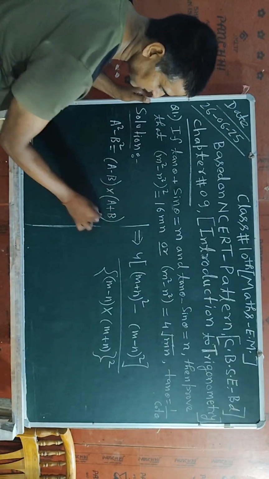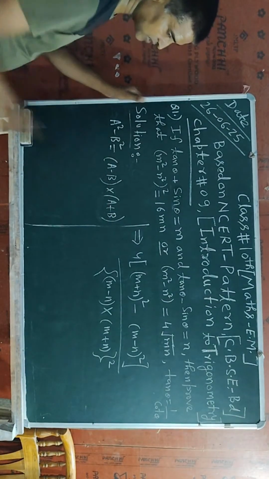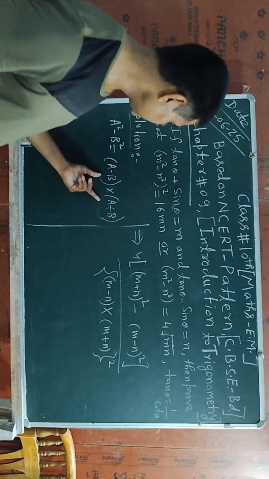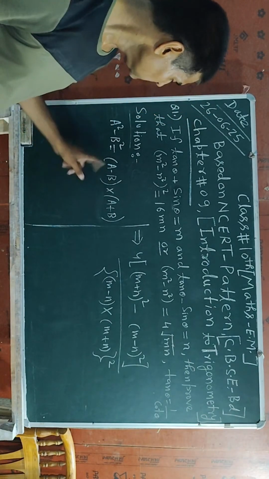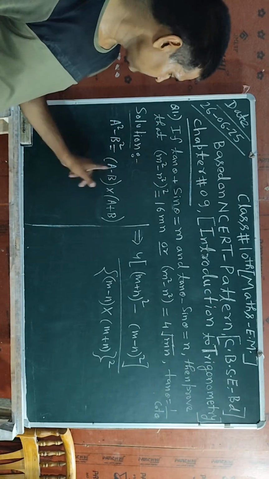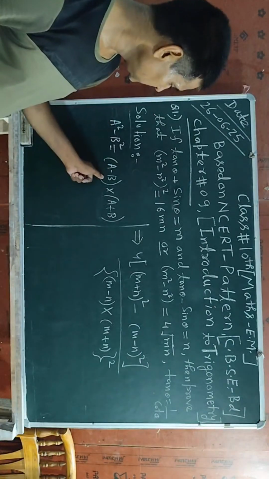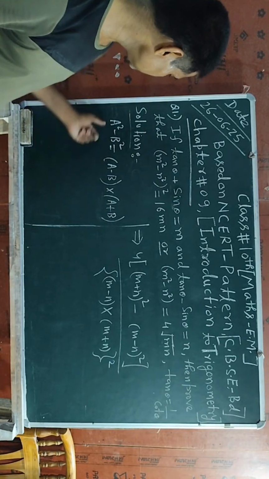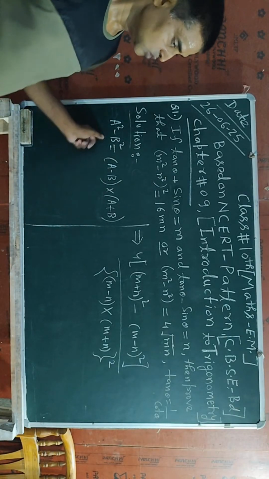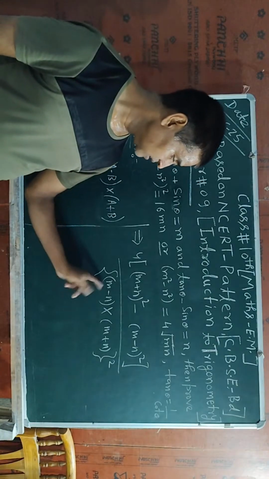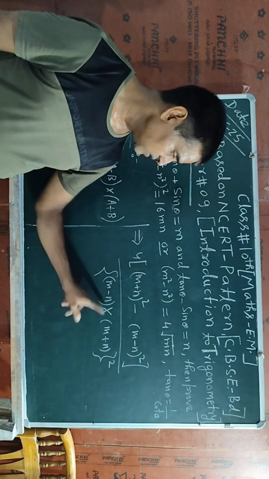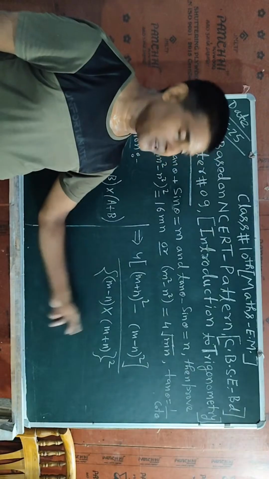This is also algebraic identity, and the concept of this algebraic identity I will use, because here a is in the place of m, and b is in the place of n. So a minus b and a plus b, that is written here a square minus b square. So in next step I can write in the place of (m minus n)(m plus n) m square minus n square.